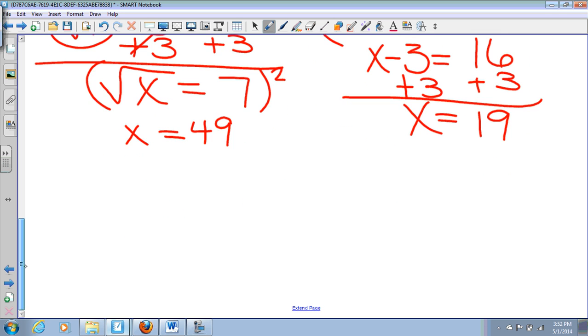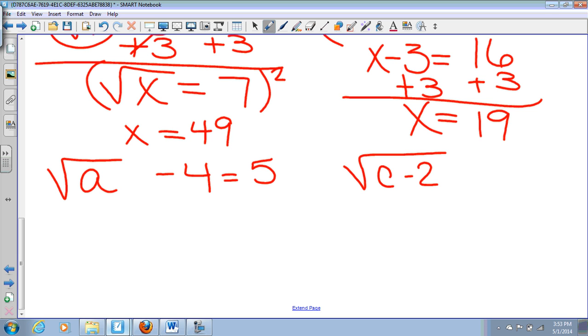We'll do a couple of additional examples here for you. Let's do quick check 1b and 1c. So the square root of a minus 4 equals 5, and our other one will be the square root of c minus 2 equals 6.